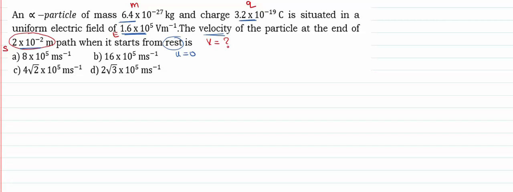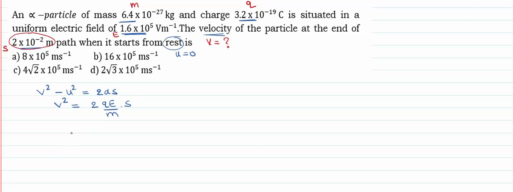Velocity in terms of s is given by the formula v square minus u square is equal to 2as. Since u is 0, v square is equal to 2 qE by m into distance s.